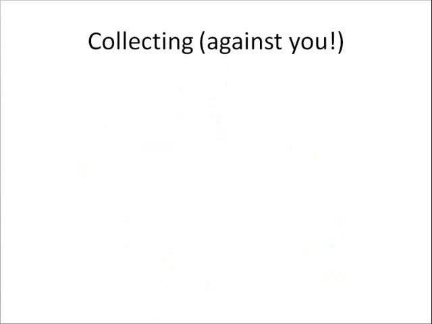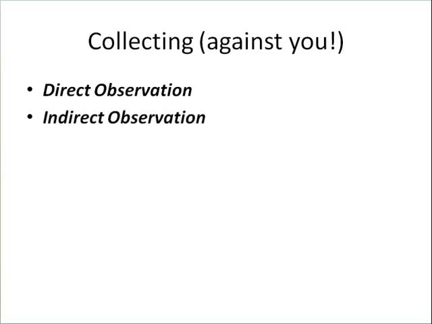In the collection phase, they are collecting against you, and they do this through direct observation and indirect observation, now typically through the use of technology like public access, geographic information systems, satellite imagery, and open sources of information like newspapers and other forms of media.